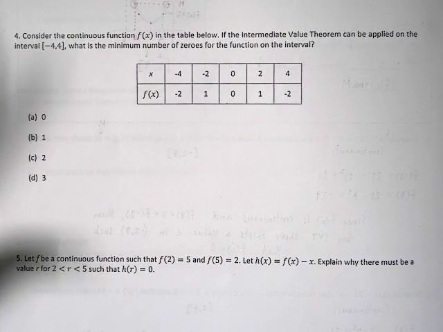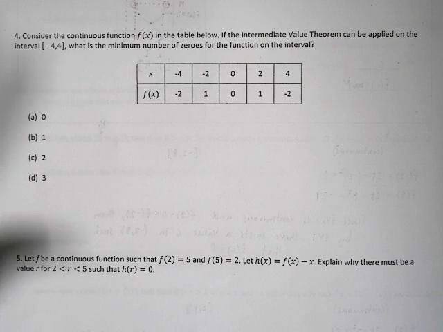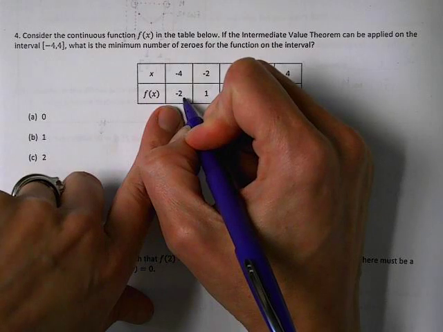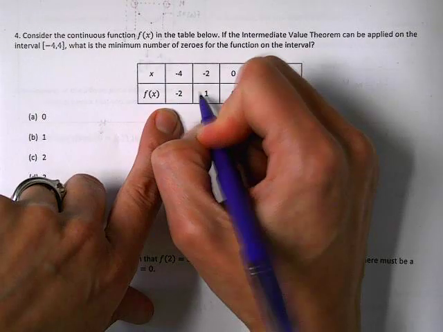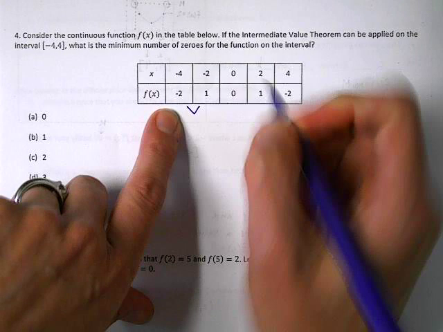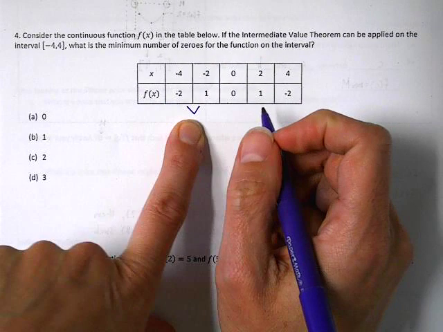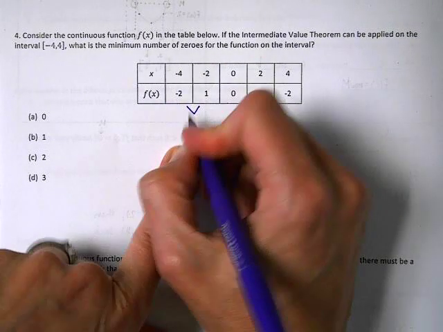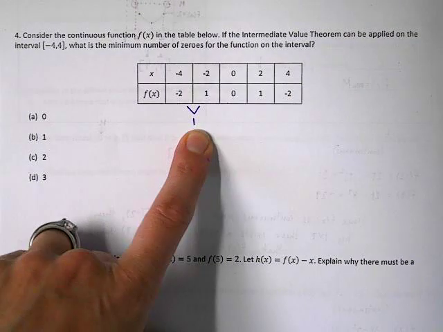Now, I know it's going to be 0 at least when my function values change sign from negative to positive or positive to negative. In other words, I can't go from -2 to 1 without crossing 0 if I'm continuous. So this is one time I at least know I have to have a 0.